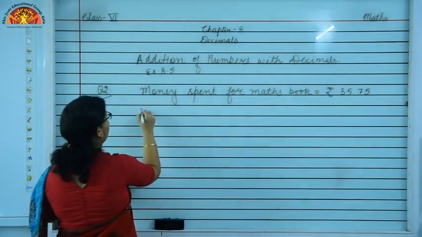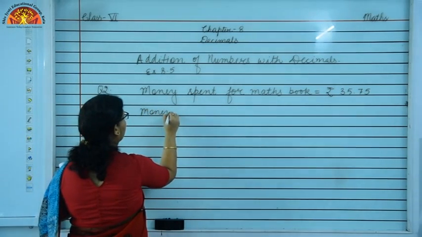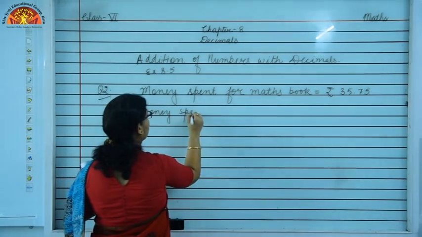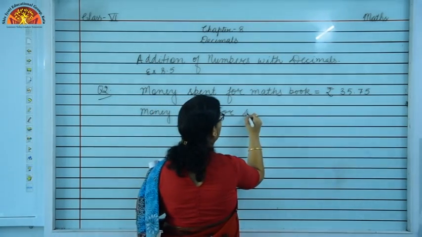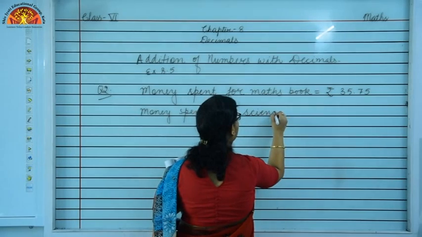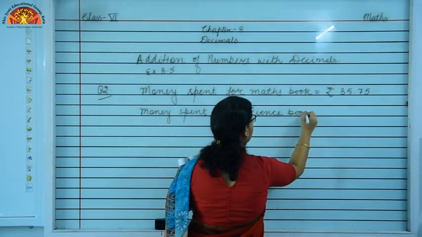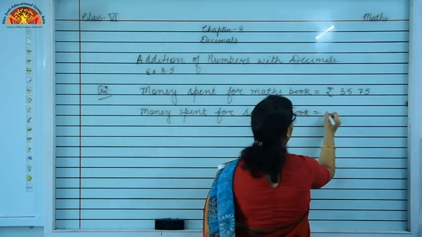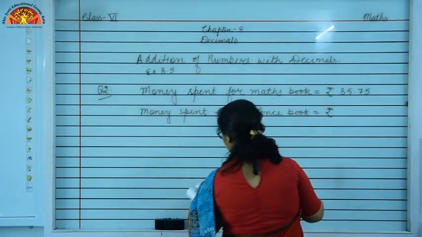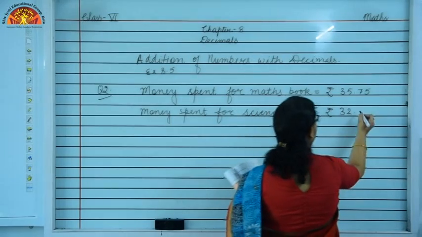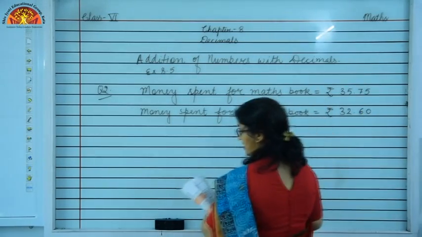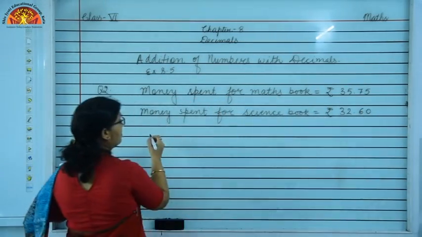Then money spent for science book is equal to rupees 32.60.